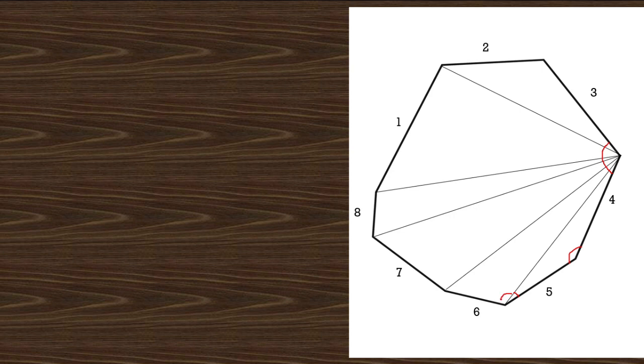These two angles add up to one angle of the octagon. Here also, similarly here, here, and this one. So how many angles are here? 1 2 3 4 5 6 7 8 9 10 11 12 13 14 15 16 17 18, because there were 6 triangles.